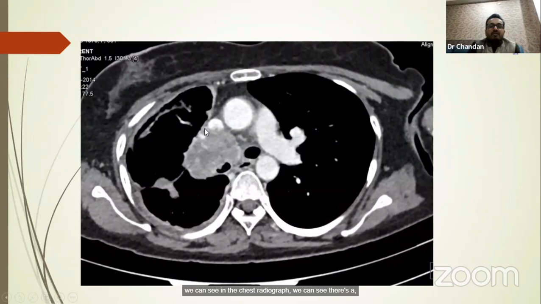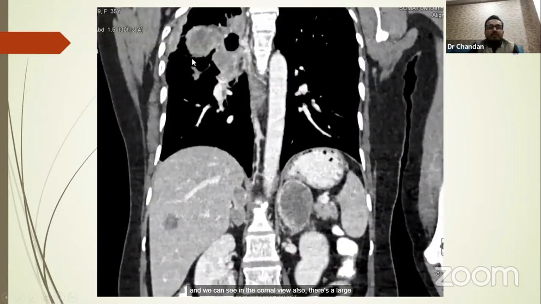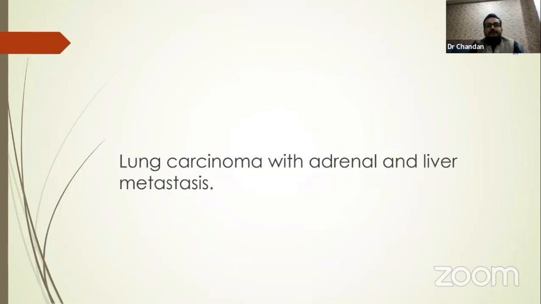In the chest radiograph, we can see a large necrotic mass in the lung involving the hilum, and in the coronal view also there is a large mass in the lung, with a liver lesion and bilateral adrenal lesions. So it was a case of lung carcinoma with liver and adrenal metastasis.